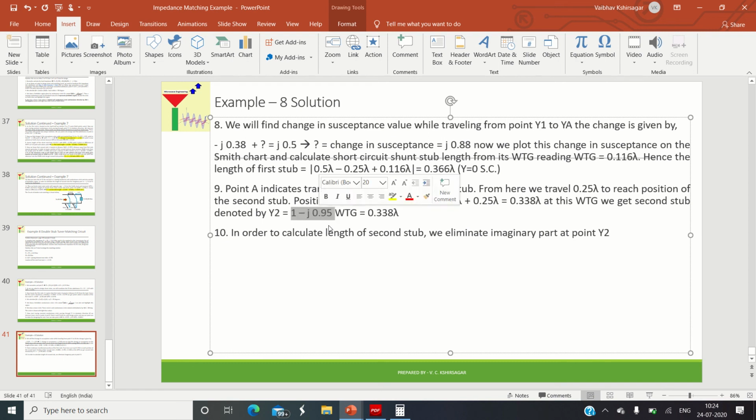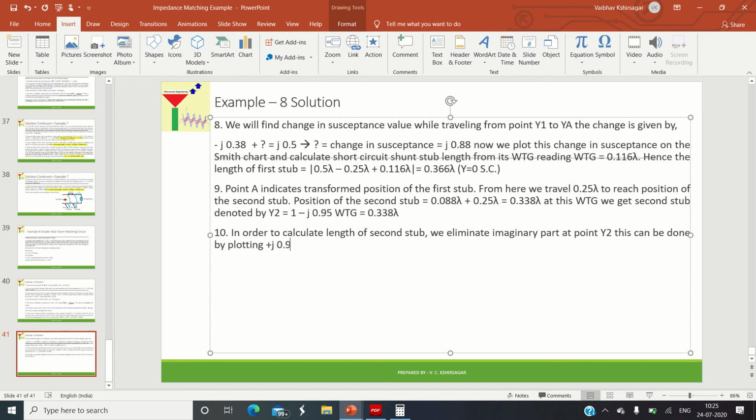So how will you remove this imaginary part? This imaginary part will get removed by adding the same value with opposite polarity. So this can be done by plotting the opposite value, plus j 0.95, on the Smith chart.